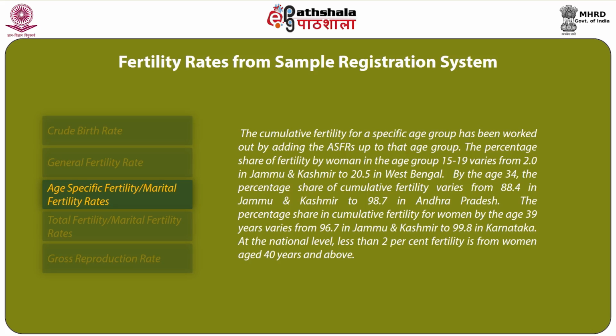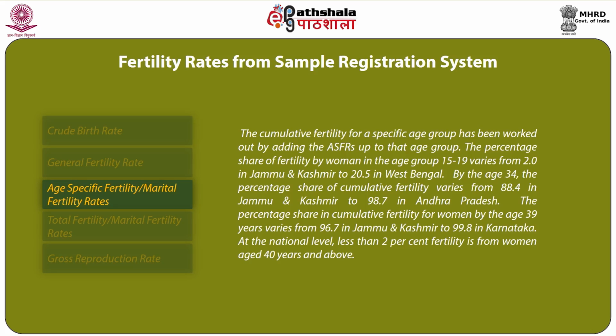By the age of 34, the percentage share of cumulative fertility varies from 88.4 in Jammu and Kashmir to 98.7 in Andhra Pradesh. The percentage share in cumulative fertility for women by the age of 39 years varies from 96.7 in Jammu and Kashmir to 99.8 in the state of Karnataka.